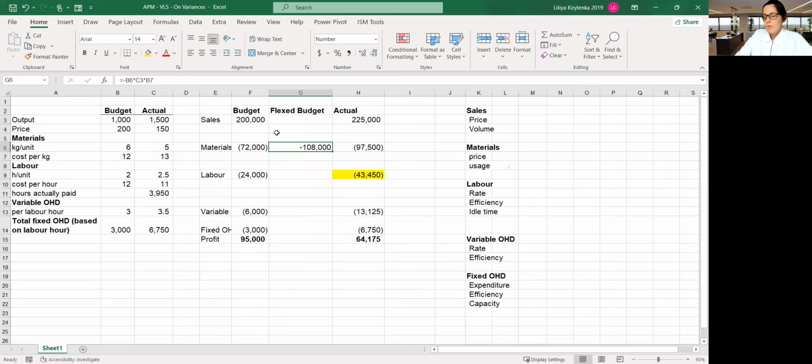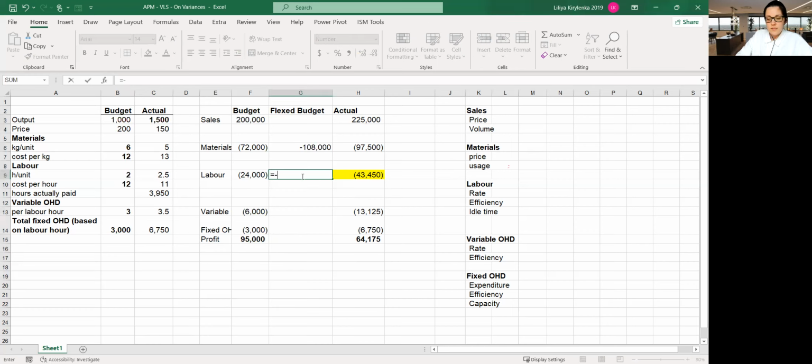So look, we want to calculate the flexed budget. Flexed budget means what would be the expense if we had the same consumption as budgeted, but if the sale was as actual. So as such, we take budgeted consumption, budgeted cost, but multiply that not by 1,000, but by 1,500.